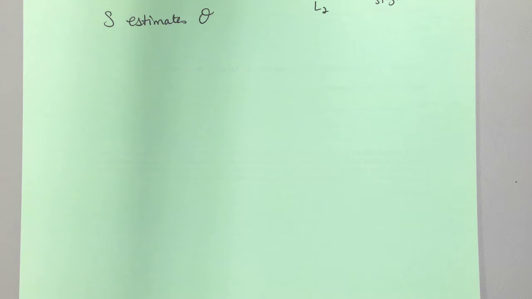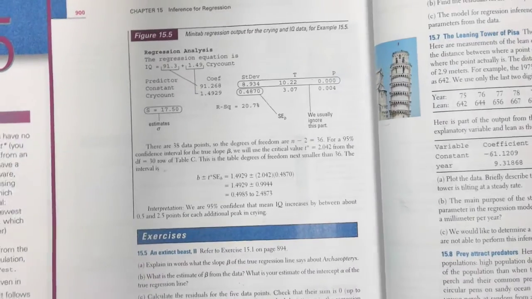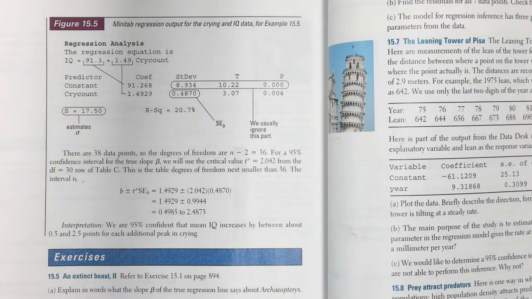A lot of what you guys are going to be asked to do is to be able to read a table. So I'm going to go to an example in my book. I'm trying to find a page, and I apologize, right here, page 900. So page 900, I'm going to zoom in just a little bit. You guys have your books at home.